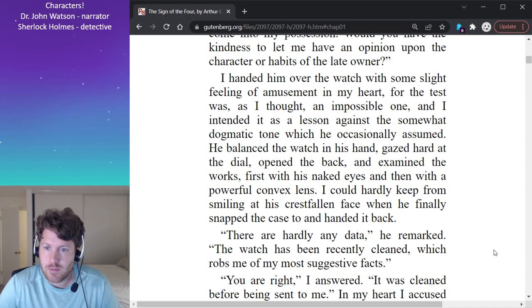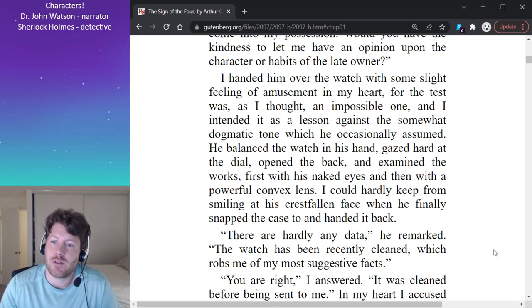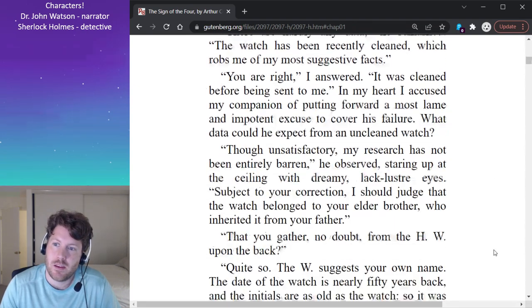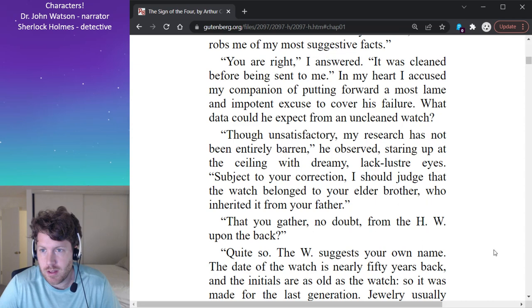I could hardly keep from smiling at his crestfallen face when he finally snapped the case to and handed it back. There are hardly any data, he remarked. The watch has been recently cleaned, which robs me of my most suggestive facts. You're right, I answered. It was cleaned before being sent to me. In my heart, I accused my companion of putting forward a most lame and impotent excuse to cover his failure. What data could he expect from an unclean watch?